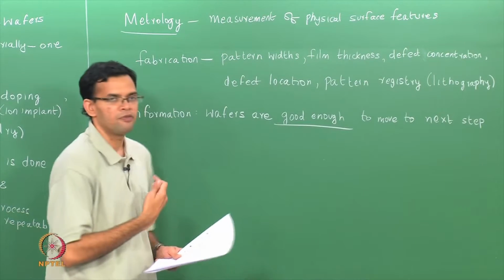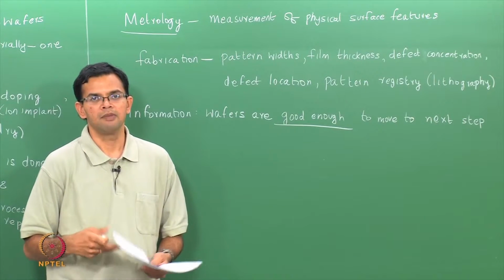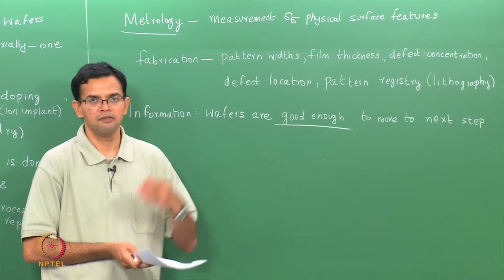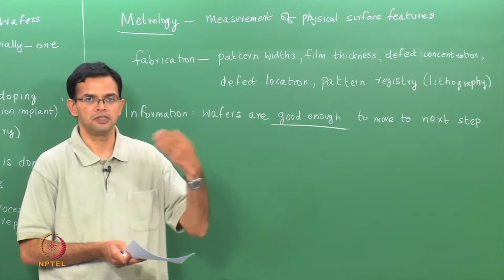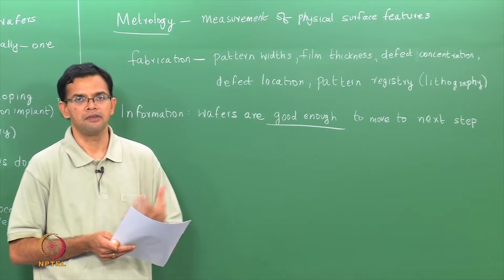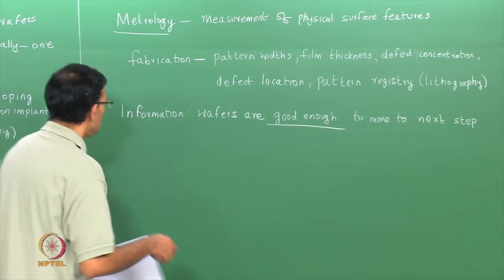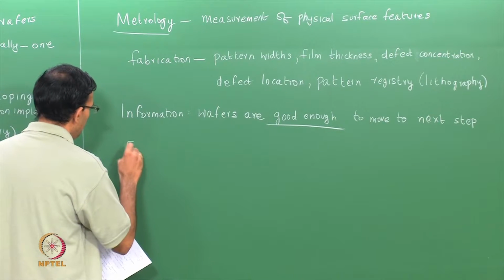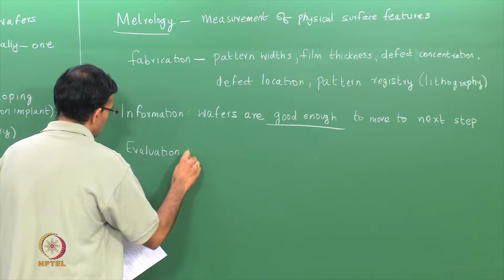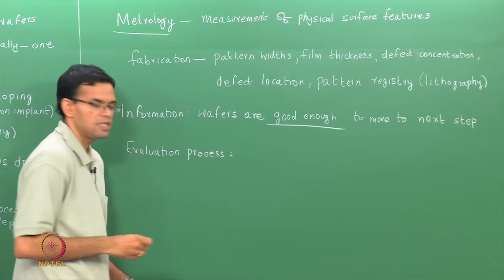So, if you think of a fabrication process with more than 500 steps and I am at step 10, the metrology should tell me whether the wafers can move from step 10 to step 11, or whether they have some defects that need to be addressed and fixed before the wafers can move to the next step. So, we are looking for an evaluation process that has to be fast.